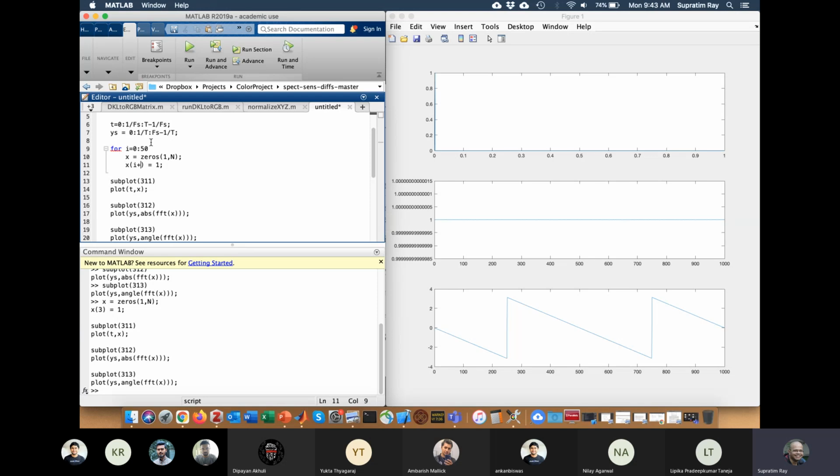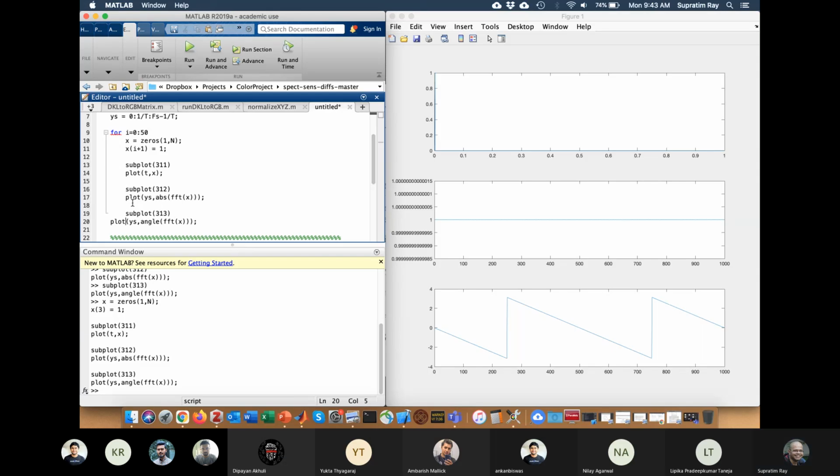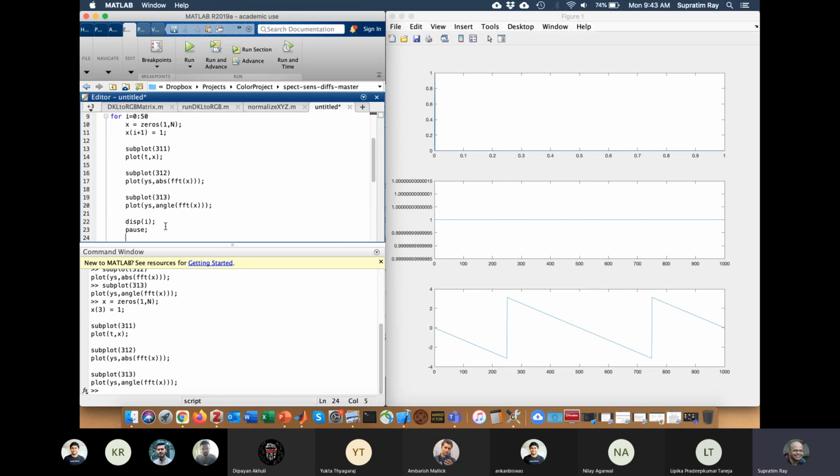Let's say I plus 1. So it's all zeros except the I plus 1. So when I is 0, it's the first element. So now if I plot these, and I'll clear this also.